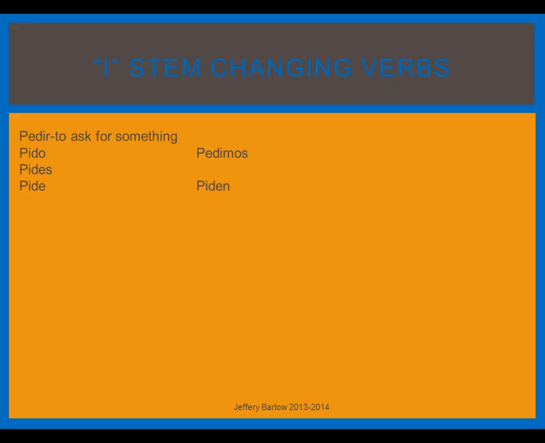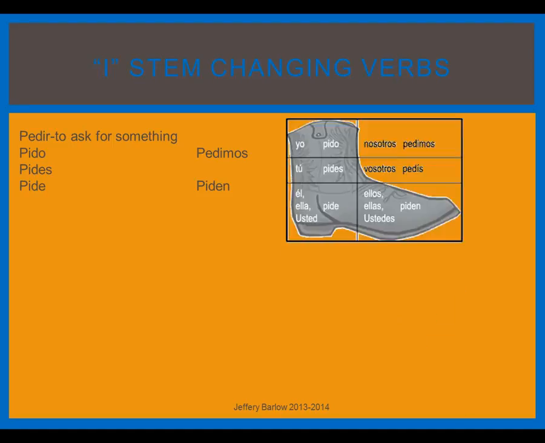Pido, pides, pide, pedimos, piden. Again, this is a boot verb. The E changes to an I inside of the boot. Some other common E to I verbs that you will see are pedir, repetir, servir, and medir.